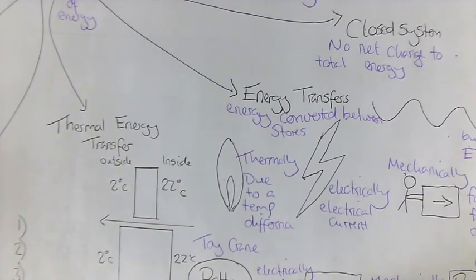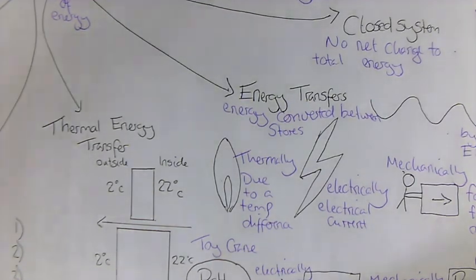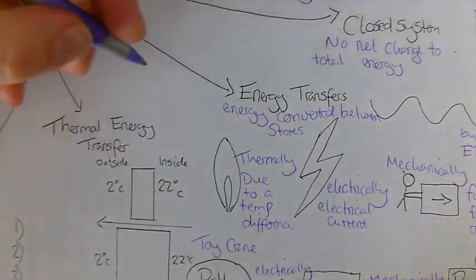Just a point to add about energy transfers is some of the energy will be useful, but some of it will be wasted, and that means it will dissipate, so it will disappear into its environment. So dissipated is a very important word in physics. I would write down a definition if you can.